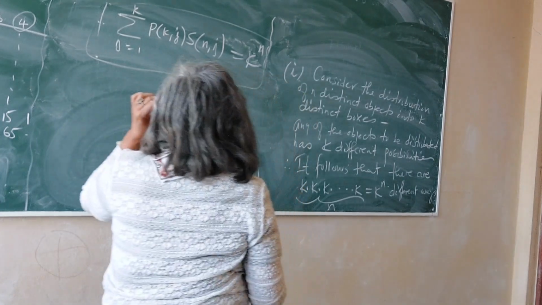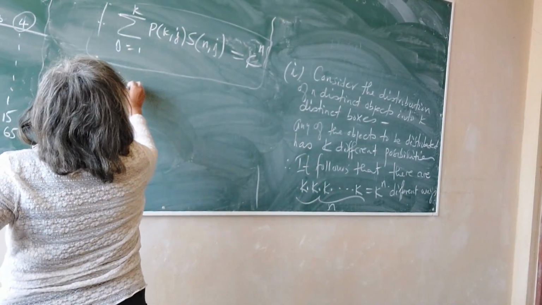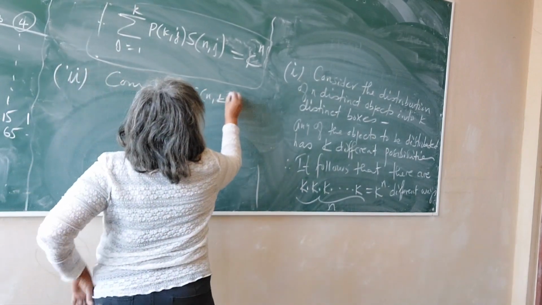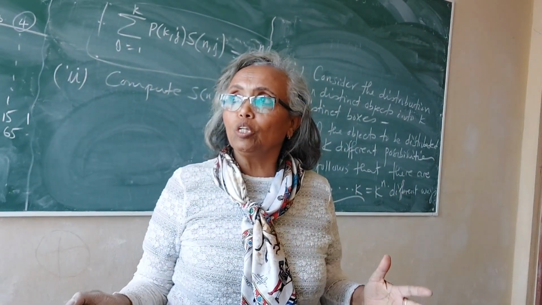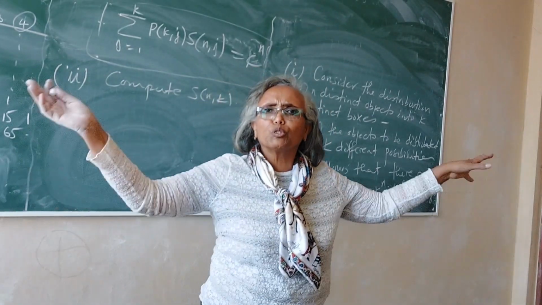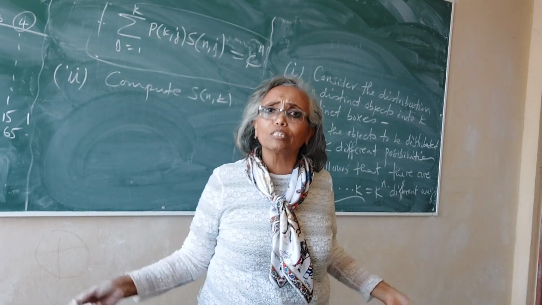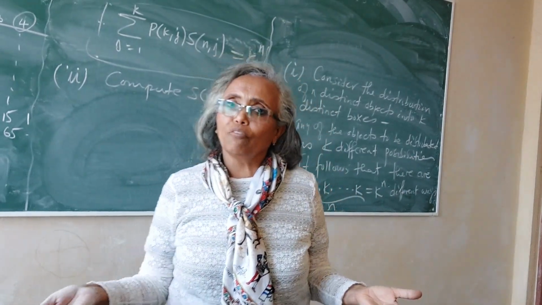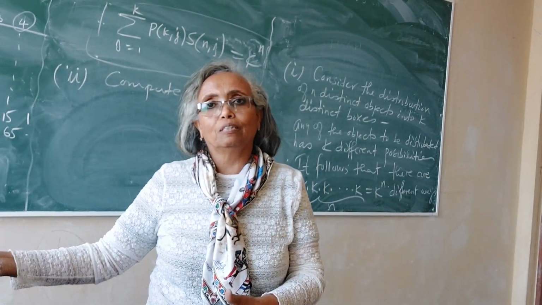Okay, now let's go to the second task. The second task is to compute S(n,k). Good. Now I'm going to partition the set of all distributions of n distinct objects into k distinct boxes into two. Obviously then one will be the complement of the other.